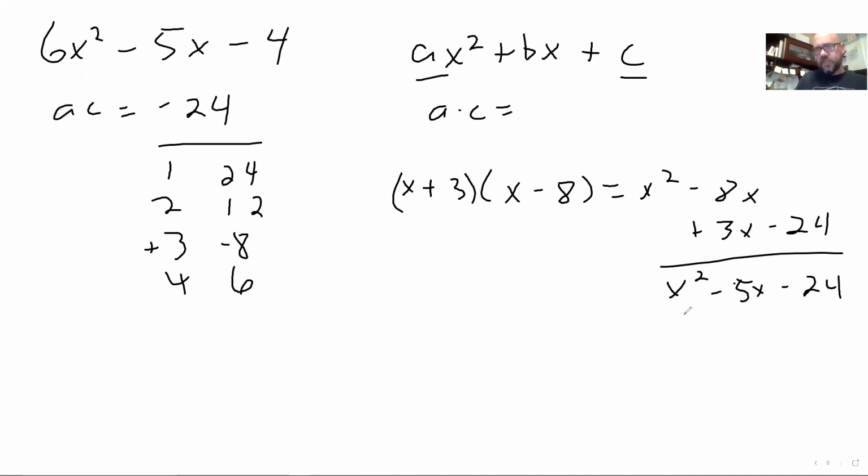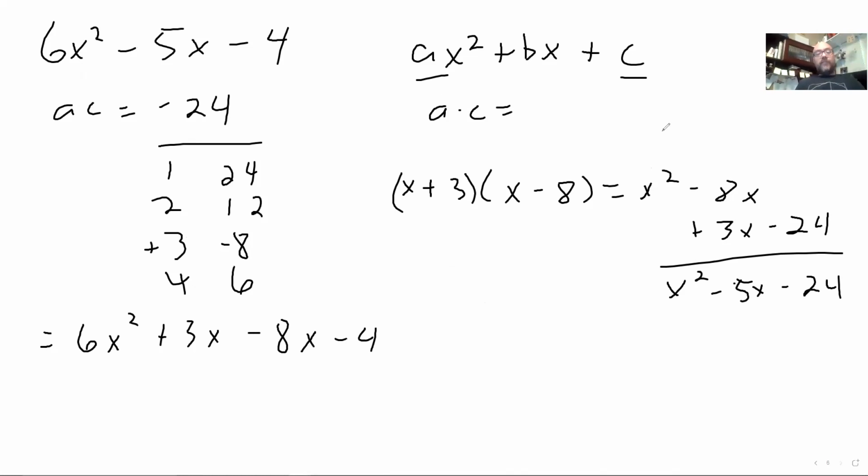So what I'm going to do instead with this plus 3 and minus 8 is I'm going to split up my negative 5 as plus 3 and minus 8. I'm going to write this negative 5x as plus 3x minus 8x and see what happens. So when I do that, I get 6x squared plus 3x minus 8x minus 4.